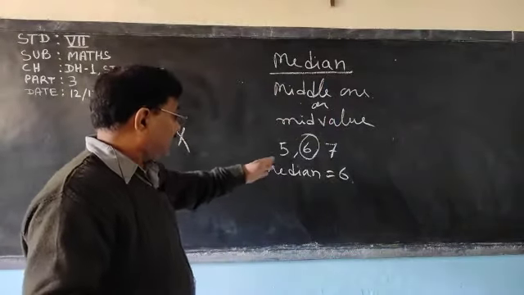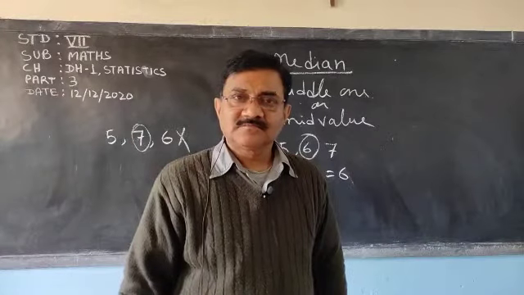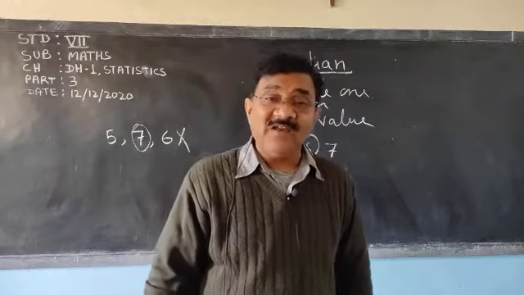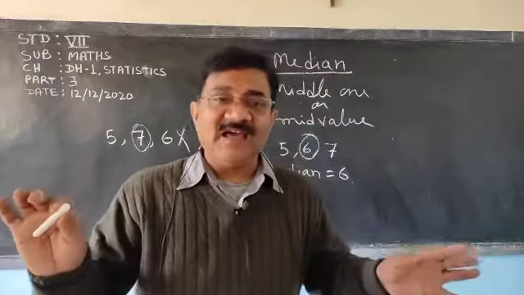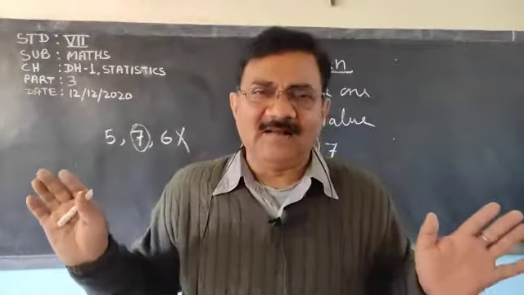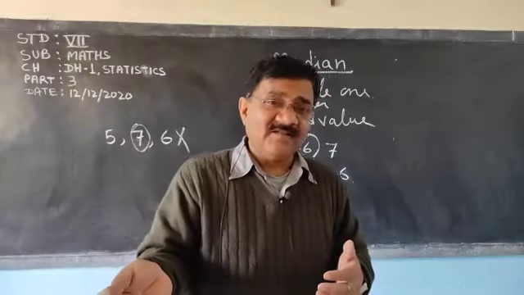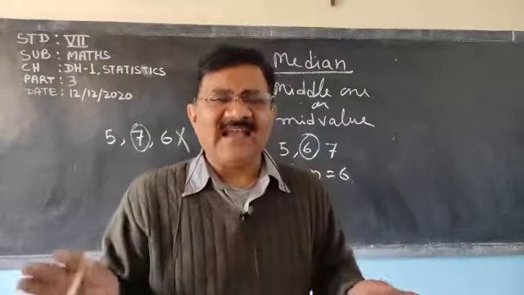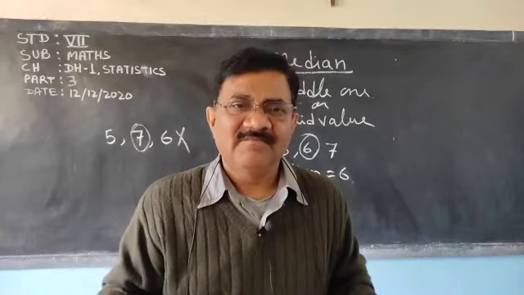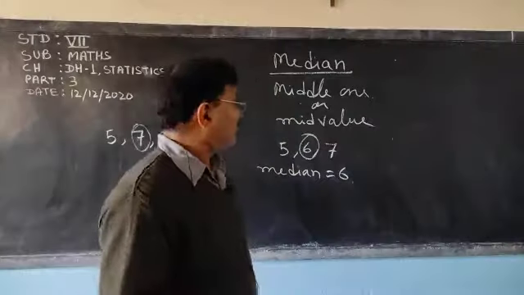But instead of 3, if 4 numbers are there, then what will be the mid value? If 5 is there, 2 to this side, 2 to this side, and 1 in the middle. Means if odd number is there, very easily we can find the median. But if even number is there, let me show.